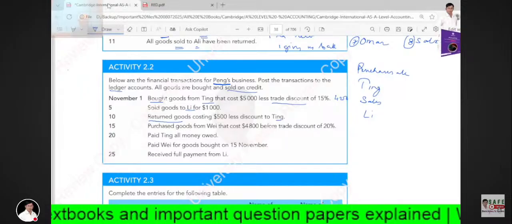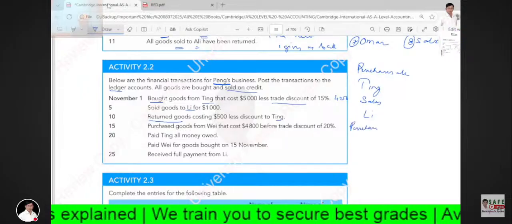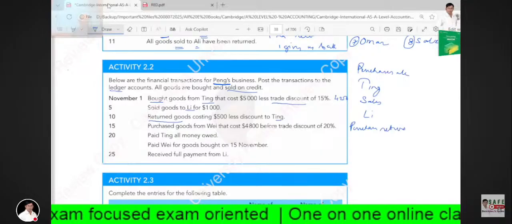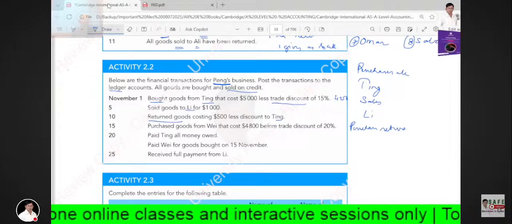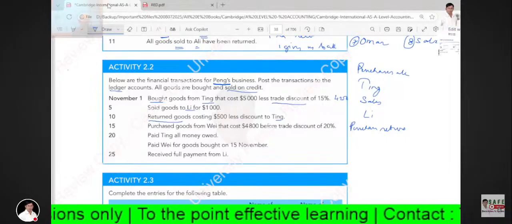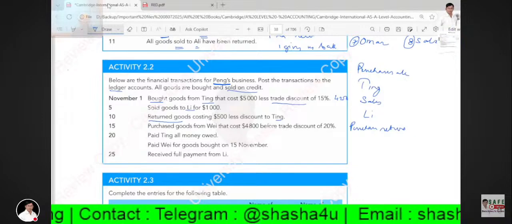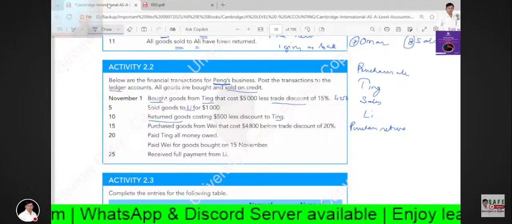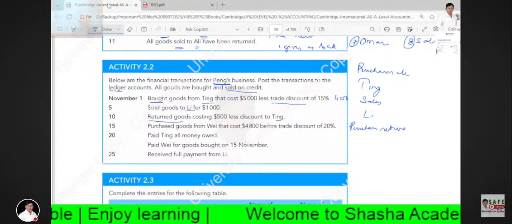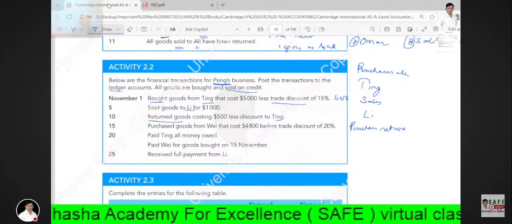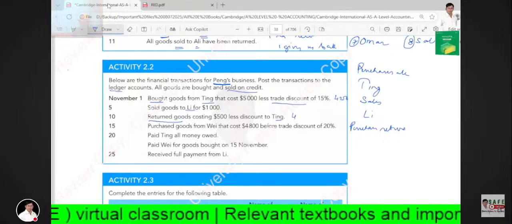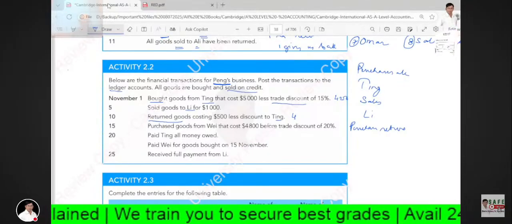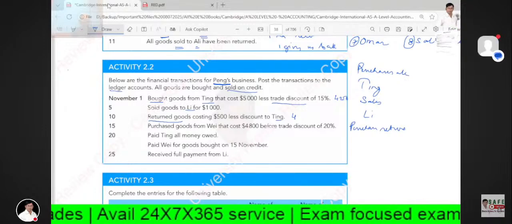So these are purchase returns, less 15% trade discount. 15% of 500 is 75, so the amount is 425.